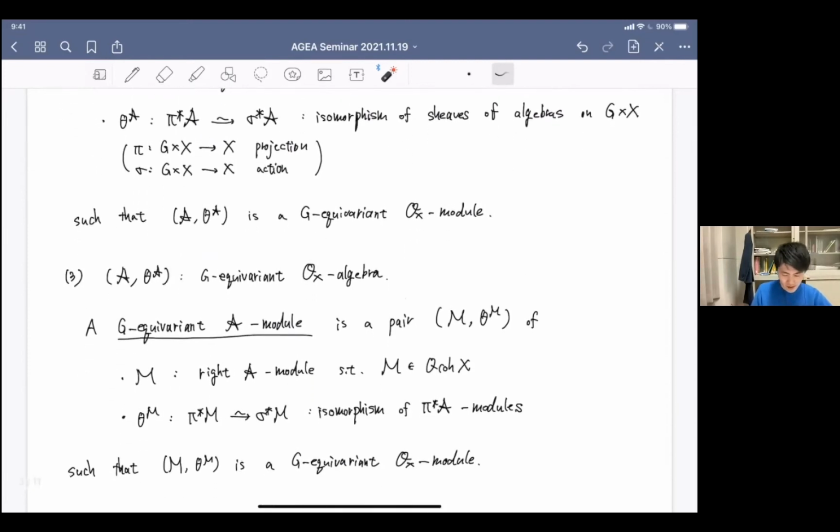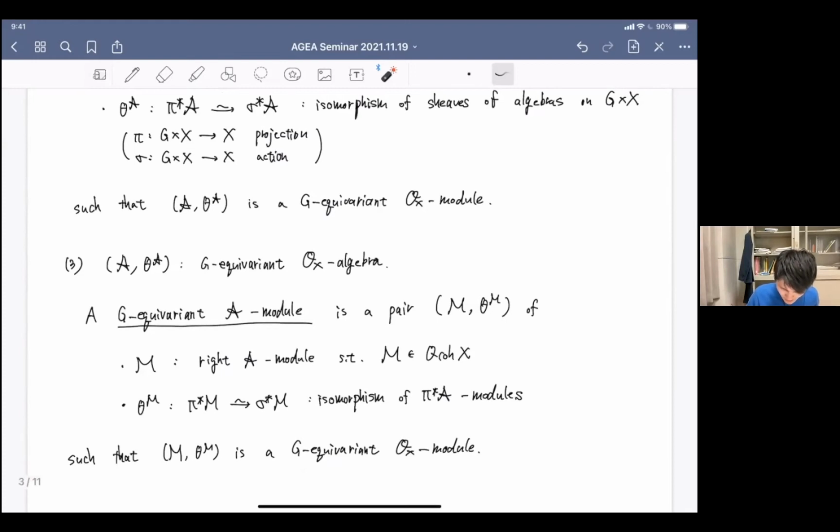The third definition is equivariant module. So a G equivariant A module is a pair M, theta M, where M is a right A module such that M is a quasi-coherent sheaf on X, and theta M is an isomorphism of pi upper star A modules.